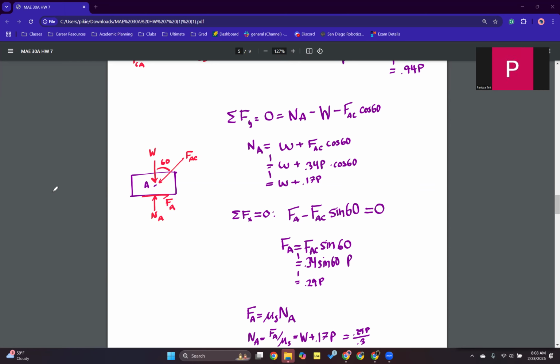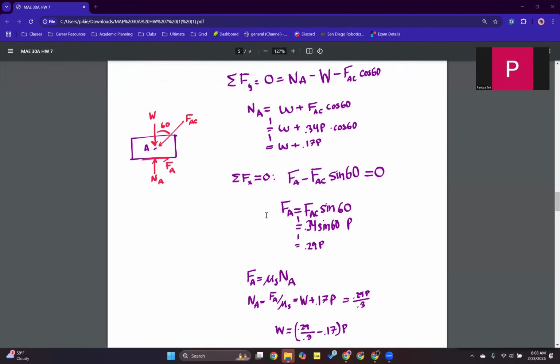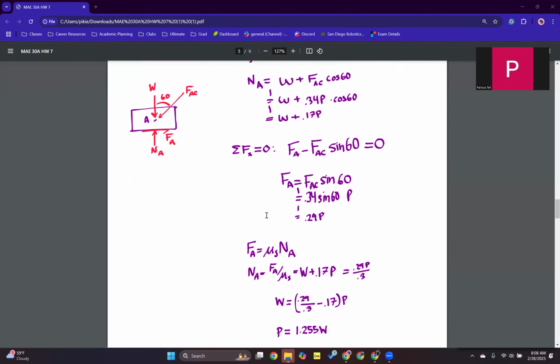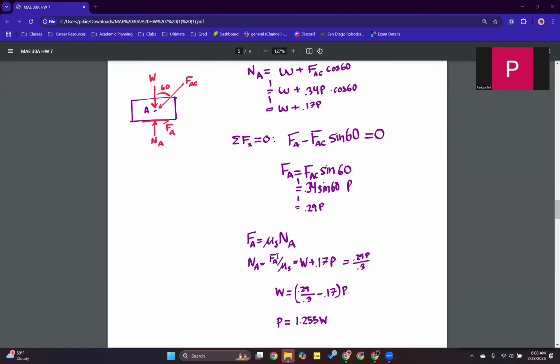For the second part of using our FBD of A, we know that the force of friction equals mu of S times N of A. That means that N of A equals the force of friction F of A divided by mu of S. We know those two quantities separately, and we also know N of A from up here.